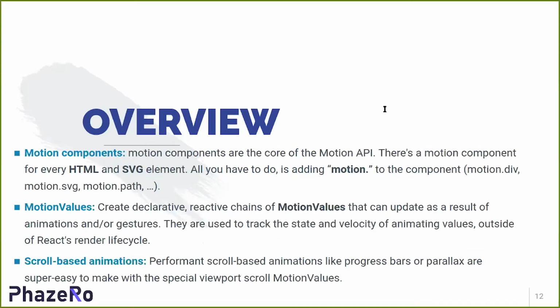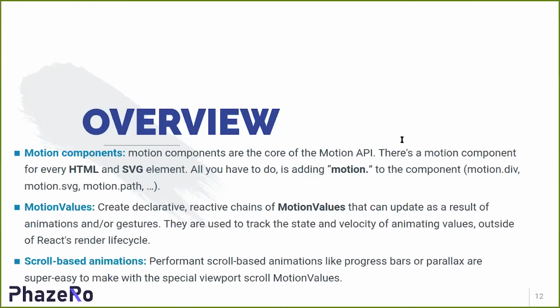So, talking about motion components, they are the core of the API. A component is made for each HTML or SVG element, all by adding motion dot before the name of the element. The component will be a motion component right away.